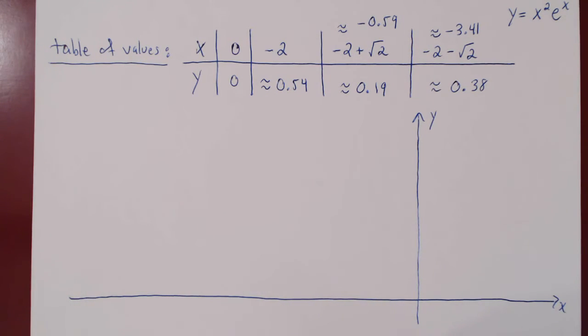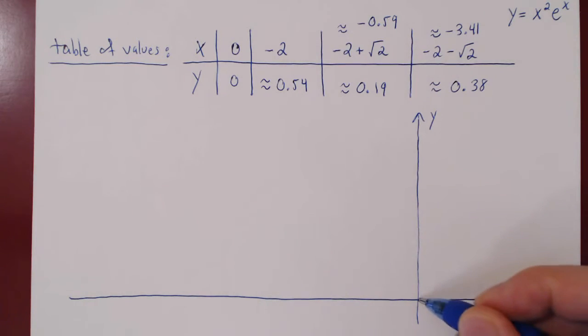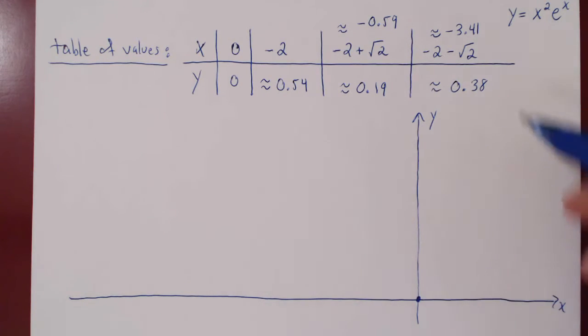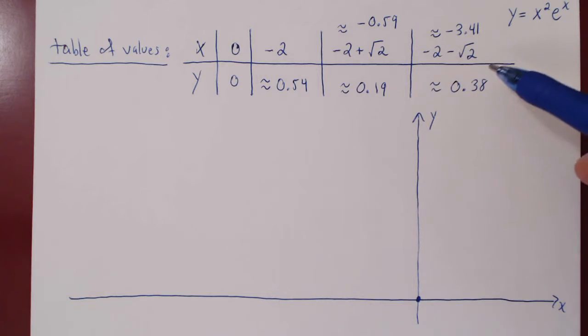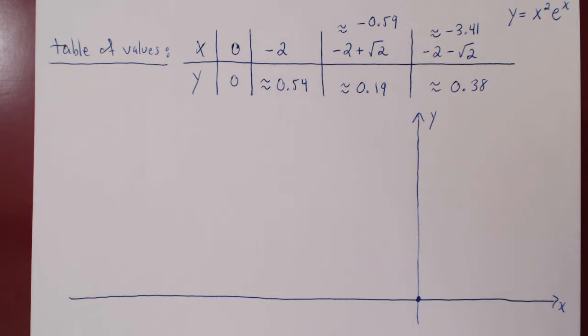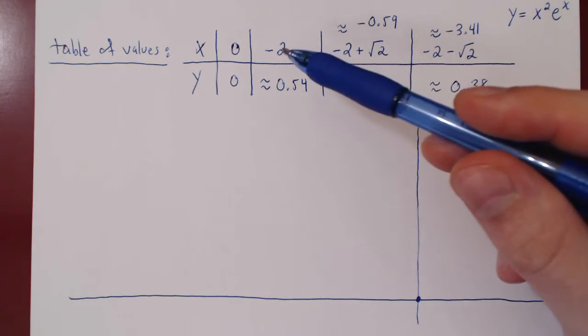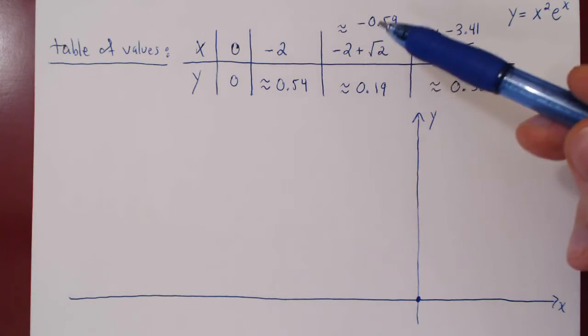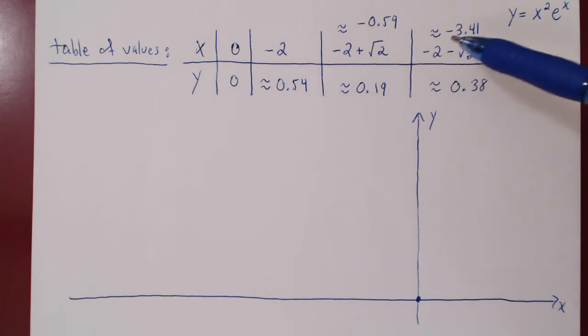So let's see, what are the points of interest? There's a point (0, 0) here. And once again, the picture does not have to be up to scale. The axes don't have to be up to scale, as long as the points are in the right position with respect to one another. We have the points along x at negative 2, roughly negative 0.6, and roughly negative 3.4.